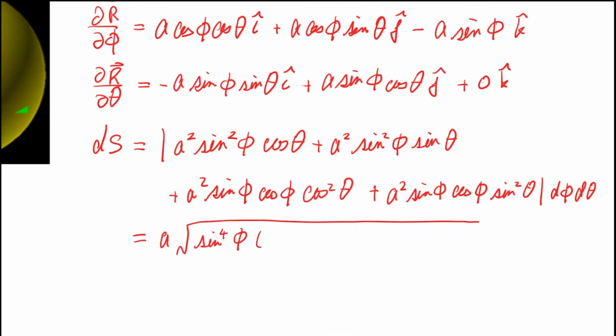And then I will have cosine squared theta plus sine squared theta. Good, between the first two, which is going to turn out to be nicely sine to the fourth power here. And between these two, I already have these two thingies, so I'll have just plus sine squared phi and then cosine squared phi. You with me?